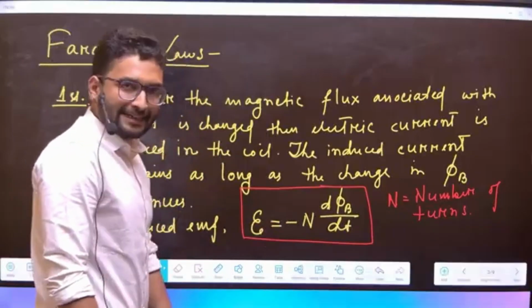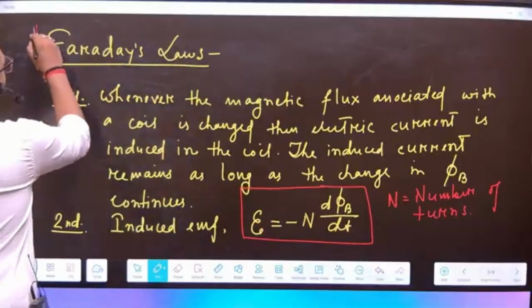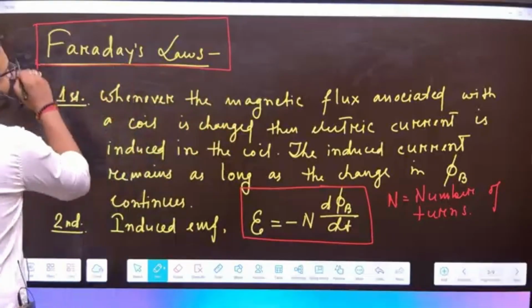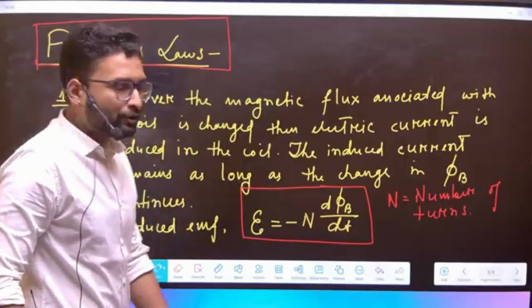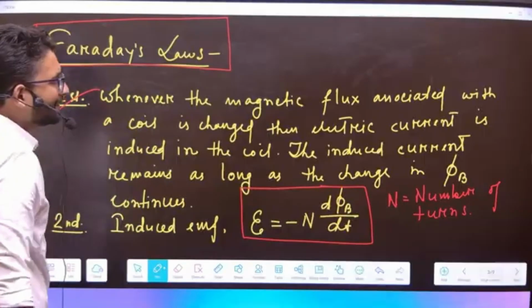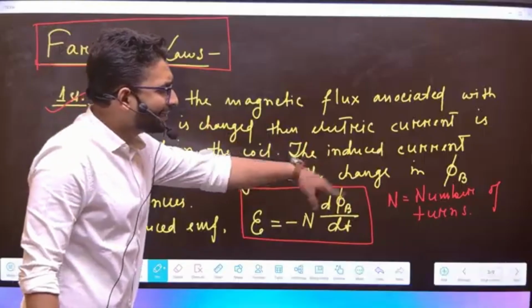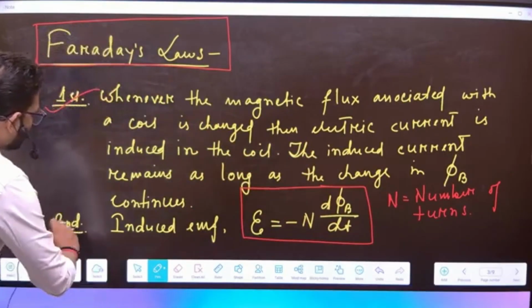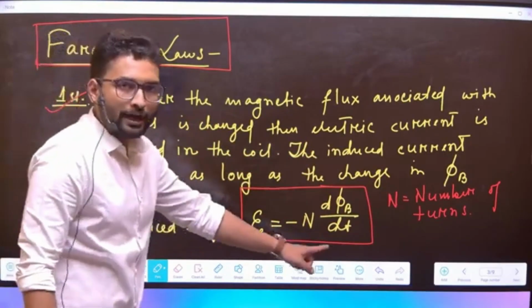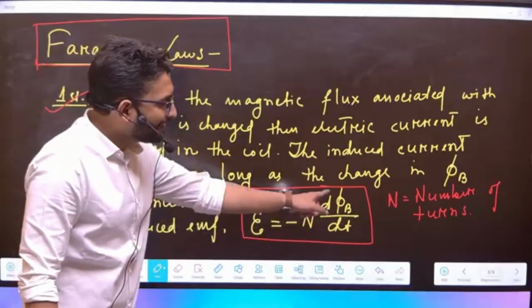Now about the negative sign. So I hope you understood what Faraday's laws are all about. The first law is basically the statement of electromagnetic induction with this added line. And the second law basically gives you this formula, E equals to negative N d phi B by dt.